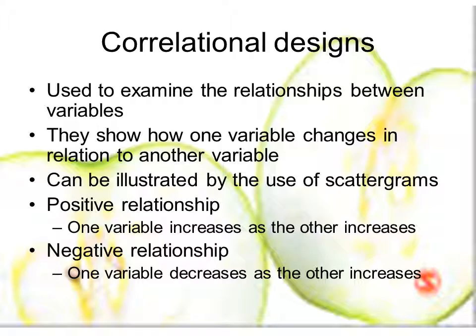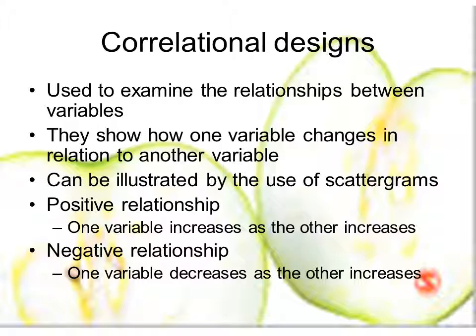So looking at weight and level of income, if it's a positive relationship, both of them are variables, and one variable increases as the other variable increases. So weight increases as income increases.